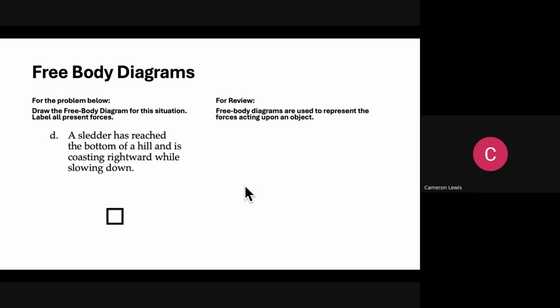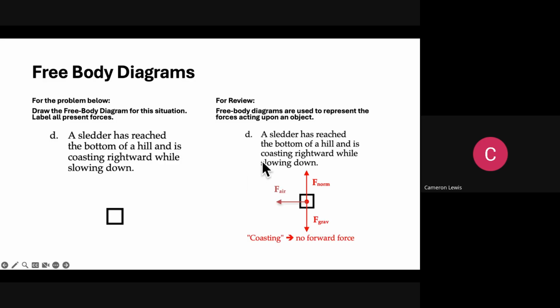Remember we said, how do we describe air resistance? From the wind. And that's similar to what type of force? Not normal force, but the one we just talked about. Friction, but just with air. So when we look at this free body diagram, that's what we have.